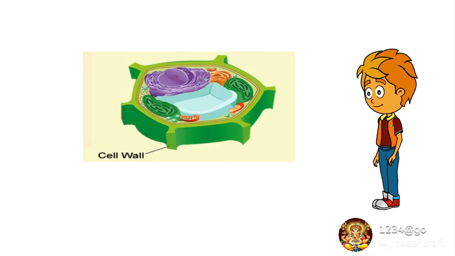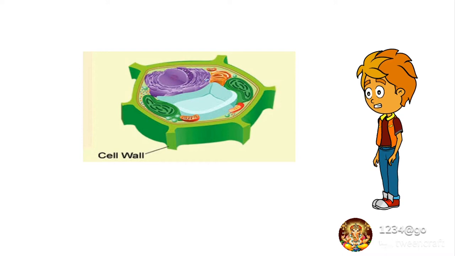Plants have an additional protective wall called cell wall. It is thick, strong, and rigid and lies outside the cell membrane. Cell wall is made of specialized carbohydrates called cellulose.